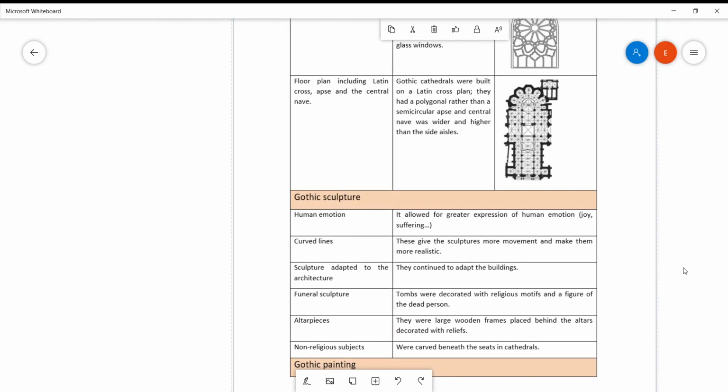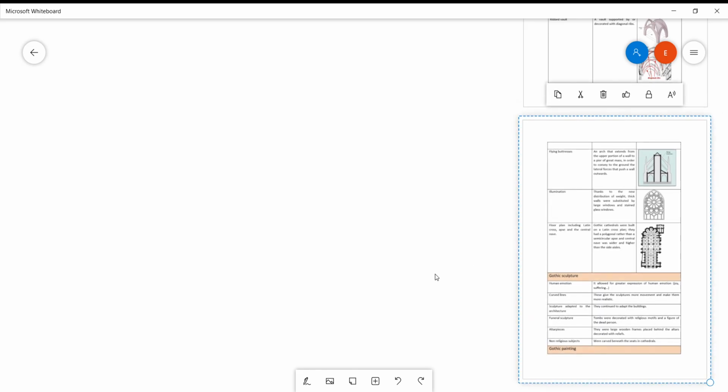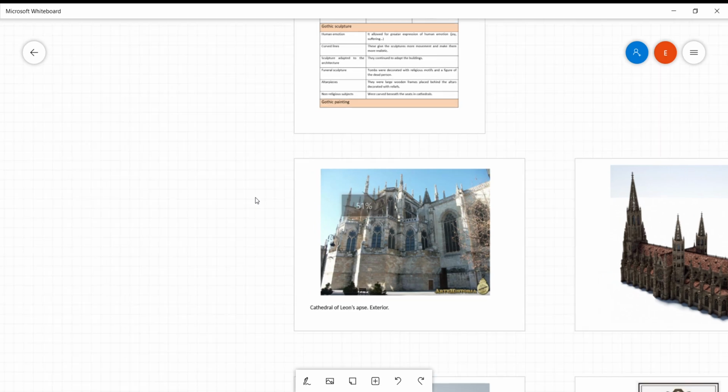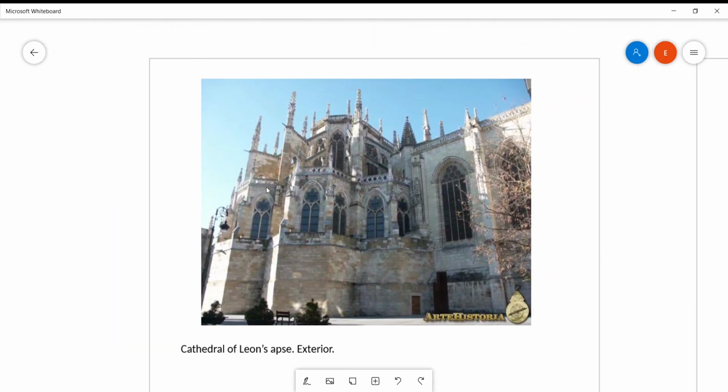If I give you one of these examples, okay, this is again the Cathedral of Leon, okay, and we can see the polygonal shape, the large windows, the pointed arches, the flying buttresses that convey the loads to the buttresses here, okay.